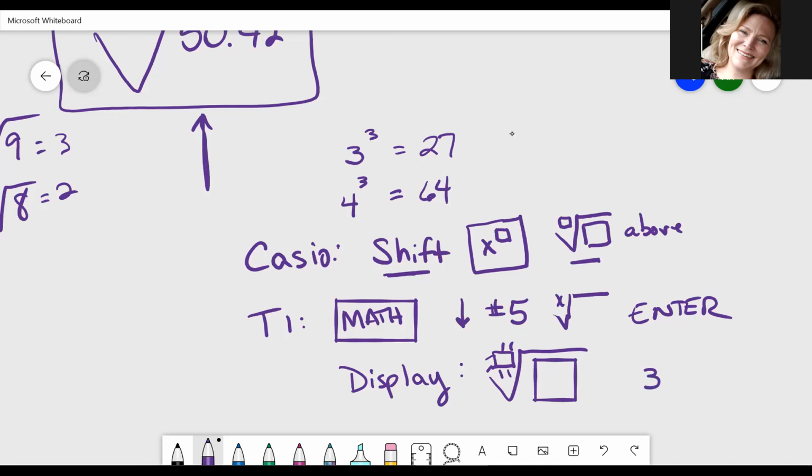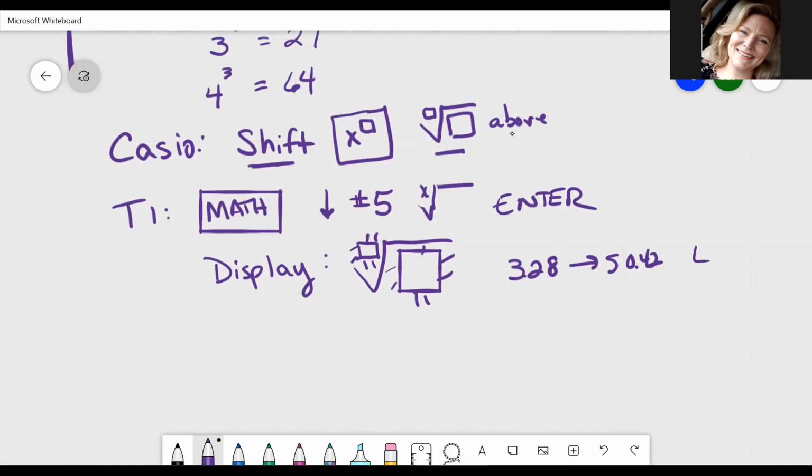I entered the 3.28, and then I used my arrow key, and then this one right here started flashing, and I was able to enter the 50.42. After that, I just hit my enter key, and that gave me my answer, which was 3.34. And it goes on and on and on, but all you need to give for an answer is to go out to the hundredths place.